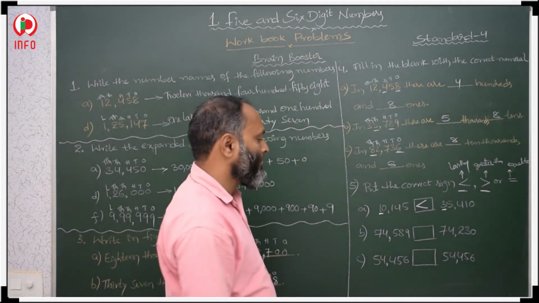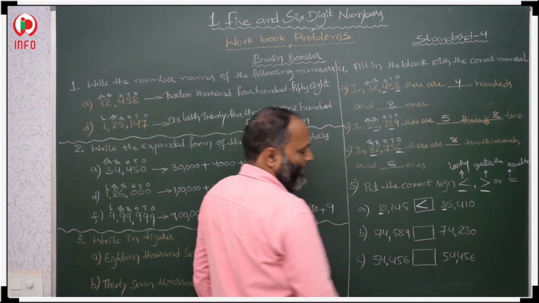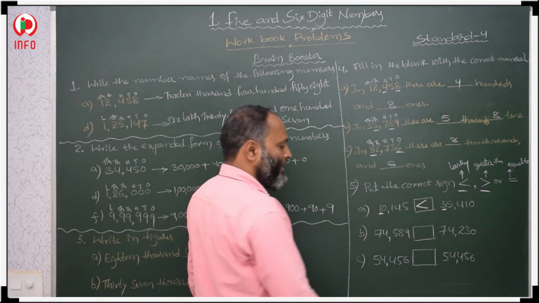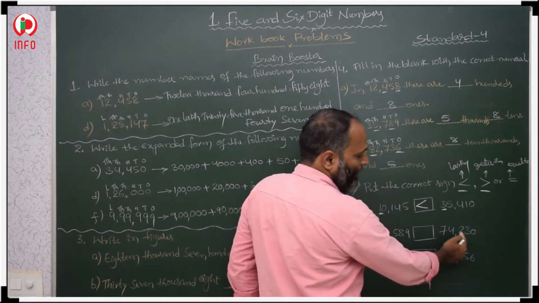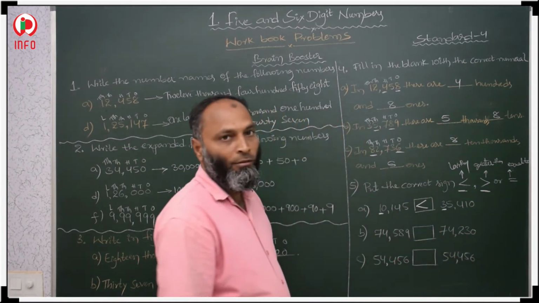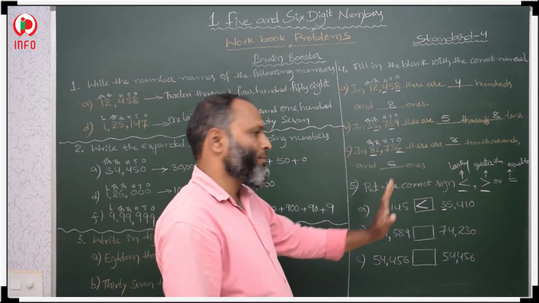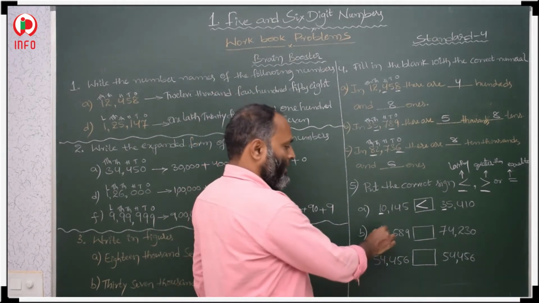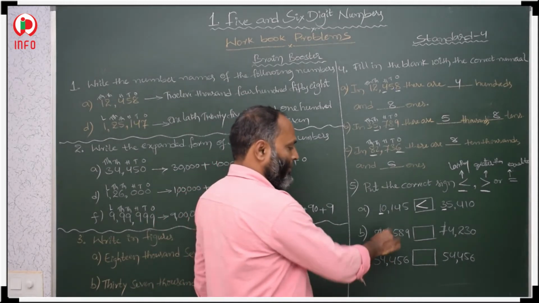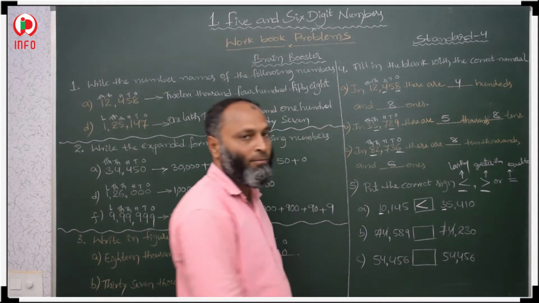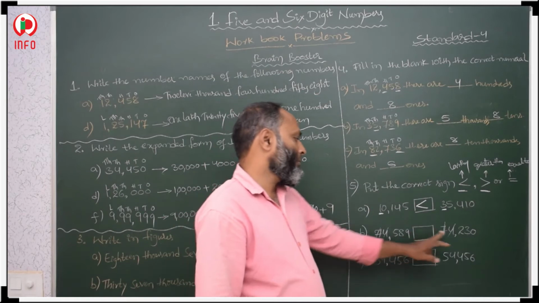Next, here first we count the number of digits. How many digits are there here? 1, 2, 3, 4, 5. So now we start comparison from 10,000's place to ones place. Here 7 is there and here 7 is there, both are equal. And here 4 and here 4, both are same. Then 5 and 2.